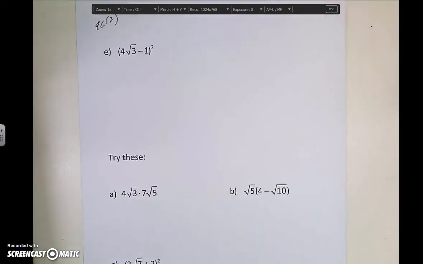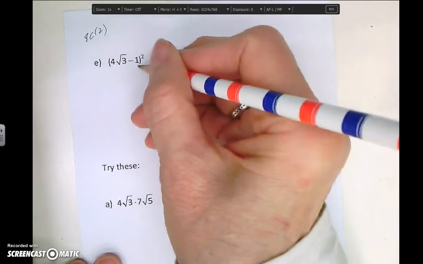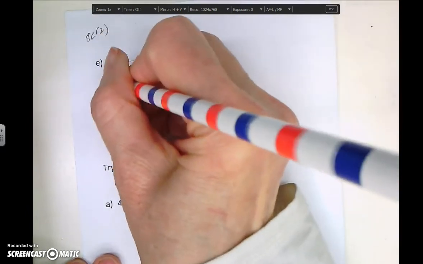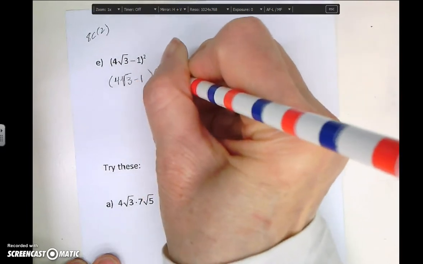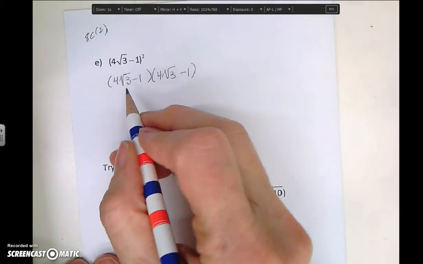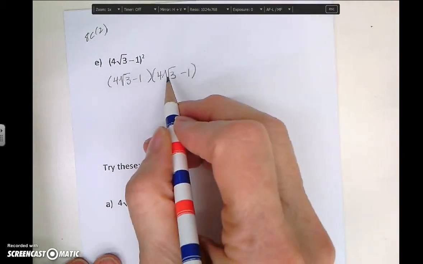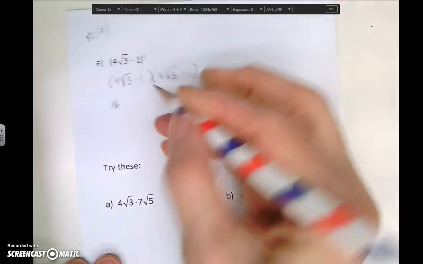So now taking a look at example E on this problem where we're multiplying, we have our parentheses squared, so that means we'll take the parentheses times itself. And when we multiply the first times the first, outside times outside is going to give me 16.